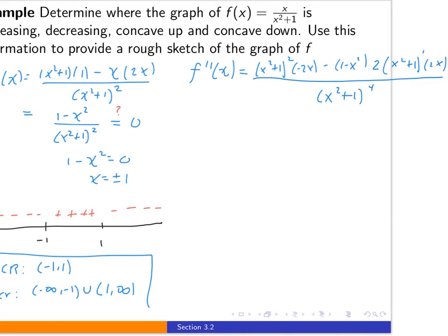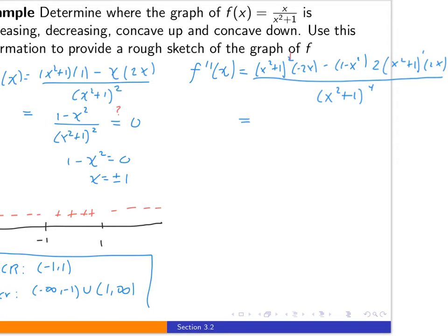And what we're going to see here is a very typical algebra step. We notice that we really have kind of 3 terms going on: one term in the top, a second term in the top, and the bottom term. And each of these terms contains the quantity x squared plus 1. So what we are going to go ahead and do is just cancel off one of those x squared plus 1s.